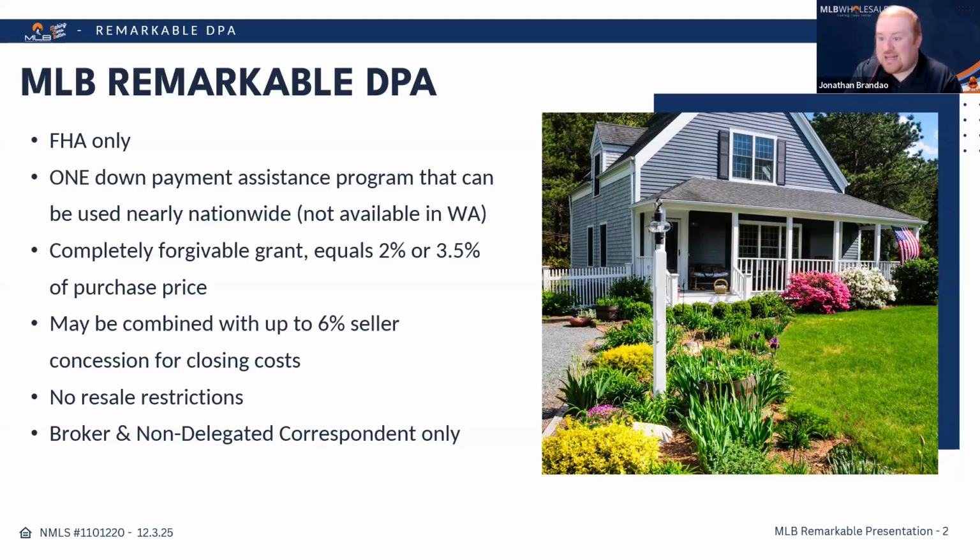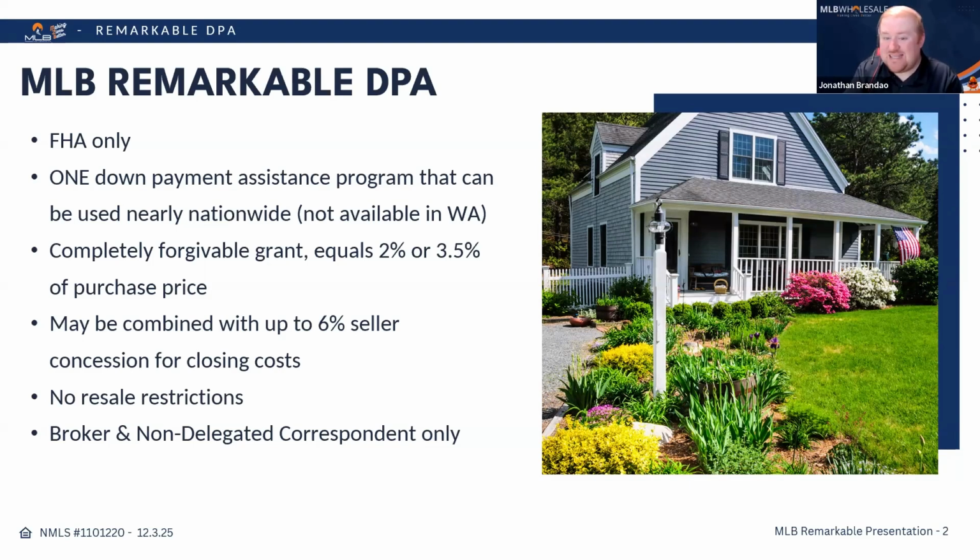The borrower, all they need is their closing costs. And when it comes to that, you can still get up to 6% seller concessions as well. So if you structure this in a way that they're getting that down payment assistance and the full amount of seller concessions, there are ways to structure this so the borrower is bringing little to nothing to the table if this program works for them specifically.